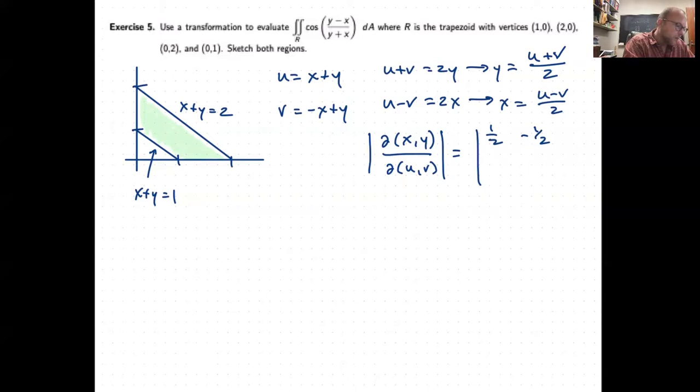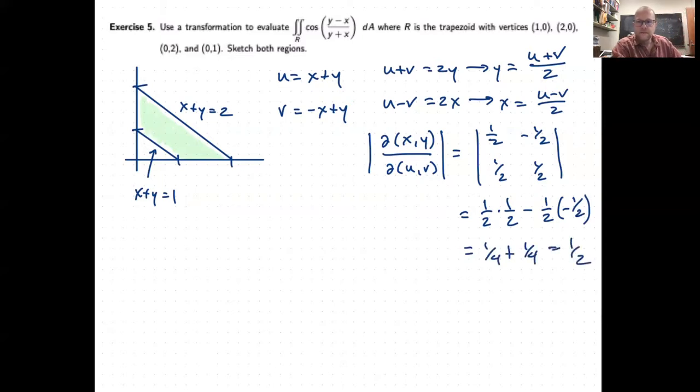And the bottom is the y's, and we'll get a 1/2 on both of those. So when you multiply those, you will get 1/2 times 1/2 minus 1/2 times negative 1/2. So 1/4 plus 1/4, which is 1/2.